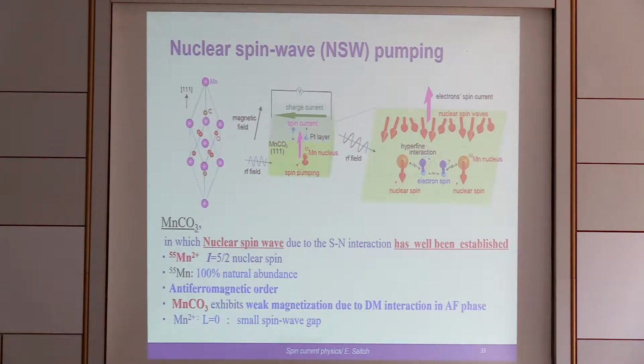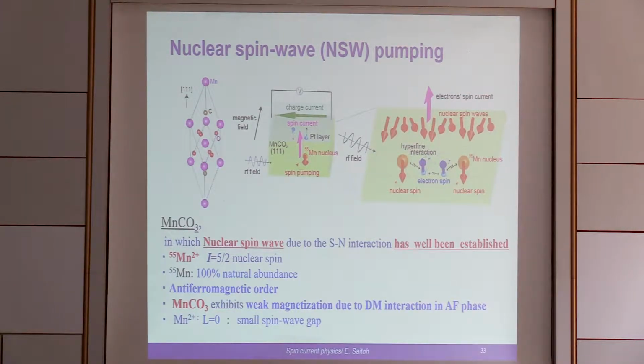So the magnetization can be finite, which is necessary for efficient spin pumping. And luckily, the orbital angular momentum is almost 0. So the spin wave gap is very small, which allows the hybridization between the nuclear spin and spin waves in this material.